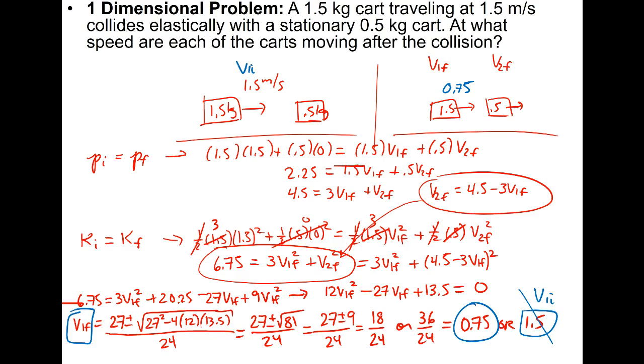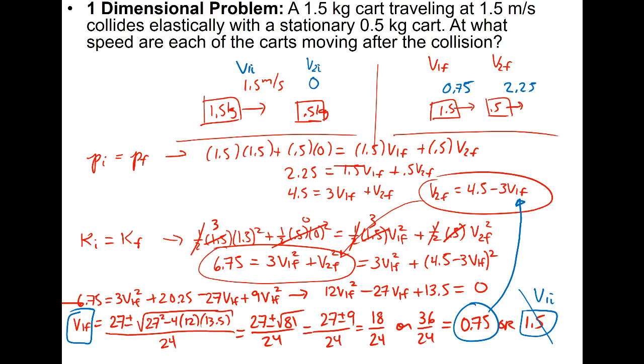Okay, so we can then take this and plop it into here to solve for V2 final. And notice, by the way, that 4.5 minus 3 times 1.5 gives us 0, which was V2 initial. Okay, but if we plug in 0.75, then that's going to give us V2 final is 2.25.